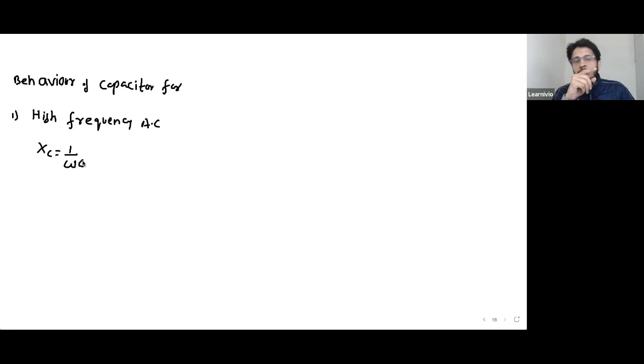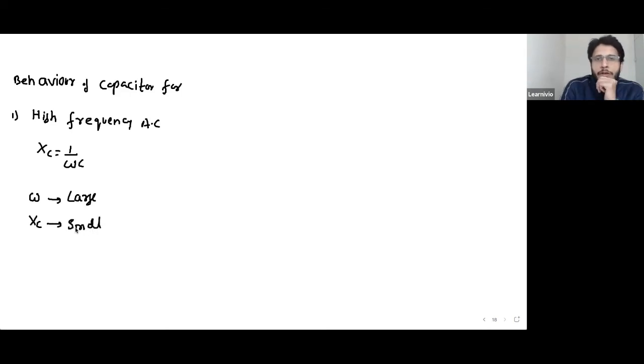It's basically inversely proportional to omega. So if your omega is large, that means your Xc is small. If your angular frequency is large, capacitive reactance is small. If Xc is small, that means it will allow current to pass.